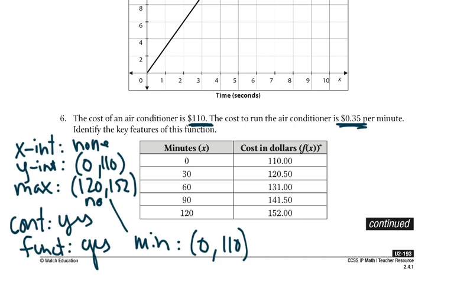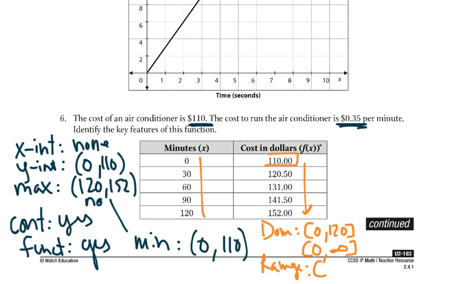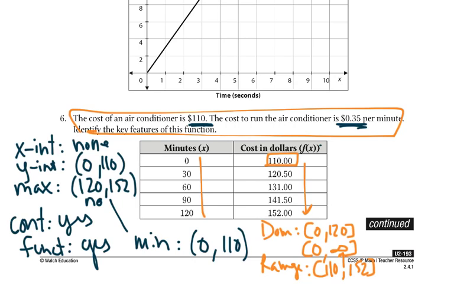Now, for our domain and range, our domain is the x, so it would be 0 to 120. Or if we're thinking in terms of the fact that we could continue this table, it'd be 0 to infinity. For our range, the lowest we get is 110, and then we could keep going either to 152 or to infinity, if we consider this story problem and look beyond just the table.